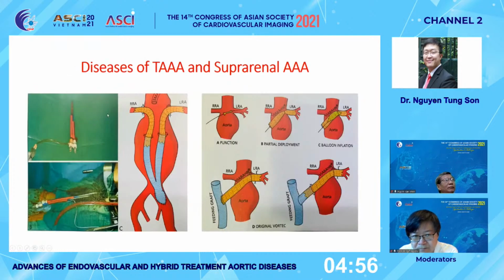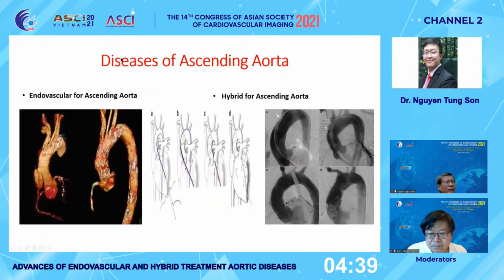And some use a sandwich technique. You can see that you use a viable or covered stent, maybe flexible, and after that you solder from the aorta to these 2 covered stents. This is my case from the treatment of disease of the ascending aorta.